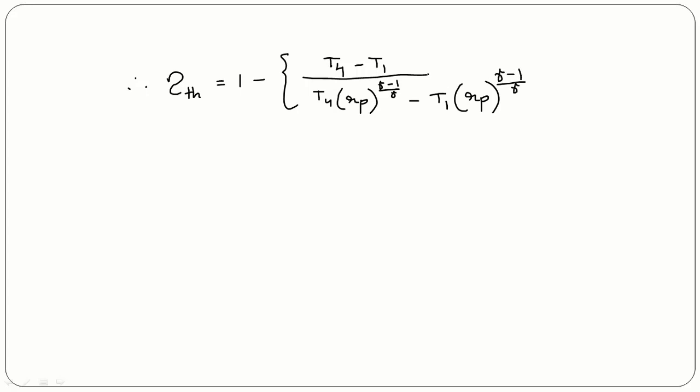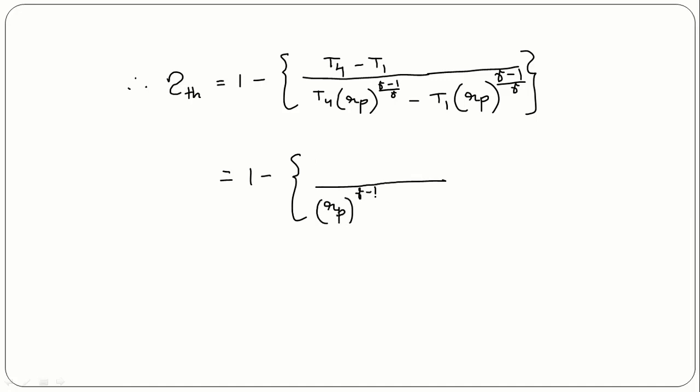1 by gamma. Now from this we can write 1 minus, if we take in the denominator Rp to the power gamma minus 1 by gamma common, then it will be T4 minus T1, and in the numerator it will be T4 minus T1 only.